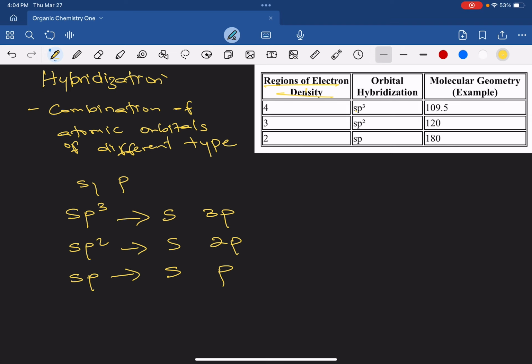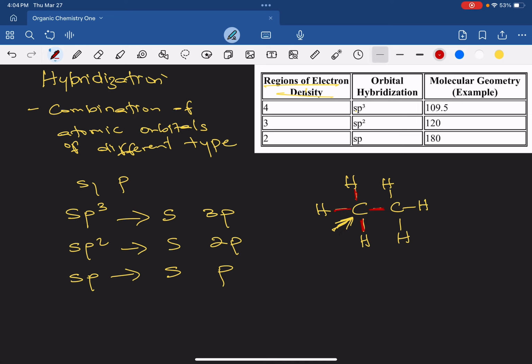So, for example, let's say you're given this molecule, ethane, and you are asked what is the hybridization on this carbon right here. All you need to do is count your regions of electron density on the carbon: 1, 2, 3, 4. Then go to your table.